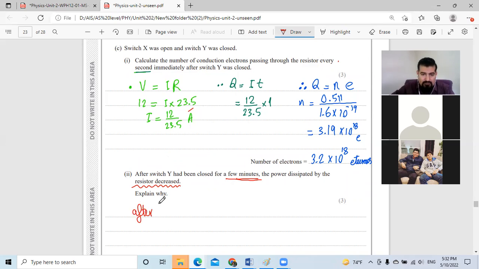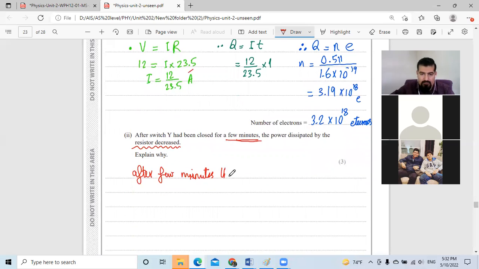After a few minutes, there's a heating effect, and the resistor's temperature increases.